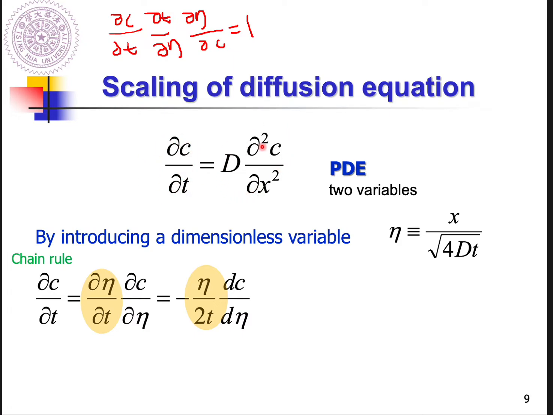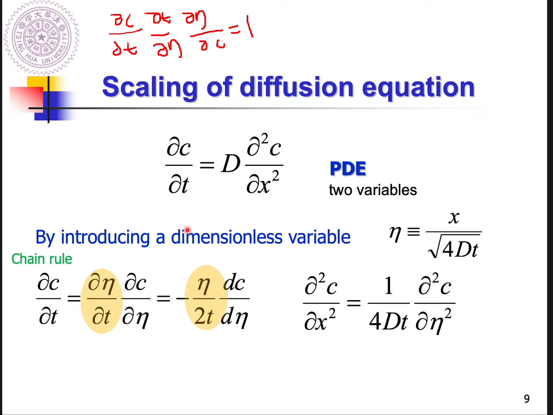Then we deal with the right-hand term here. Diffusivity is a constant, so we don't need to deal with this. So the second derivative of c with respect to x can be written in terms of iota. You just substitute x as the square root of 4Dt times iota, and take the constant 4Dt out, so you got this.